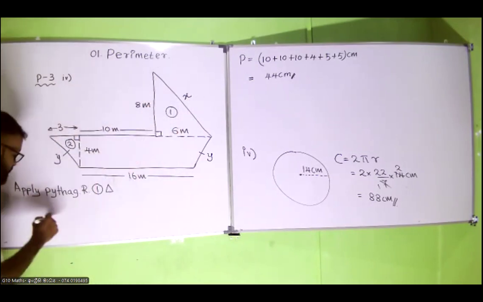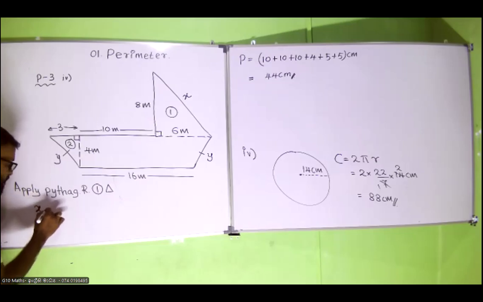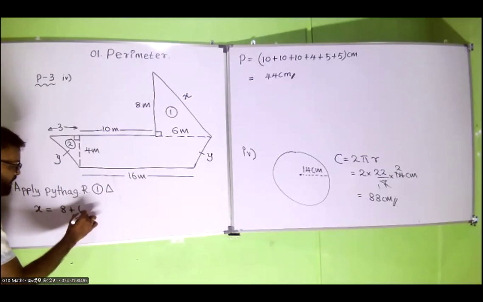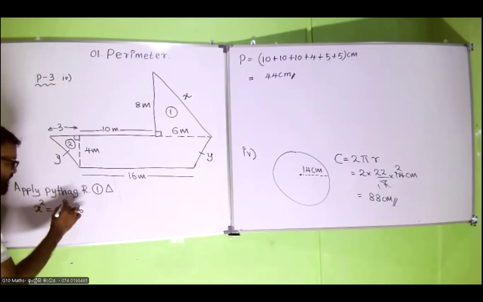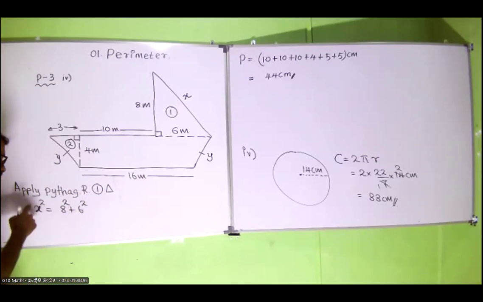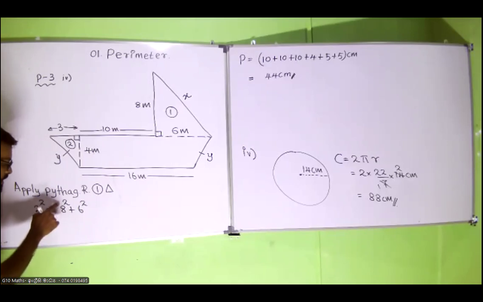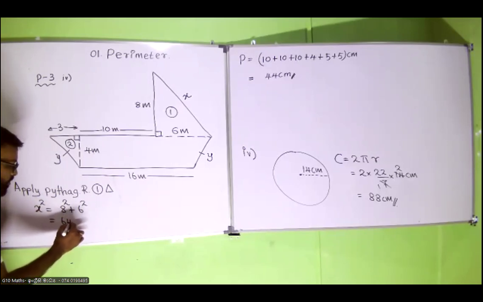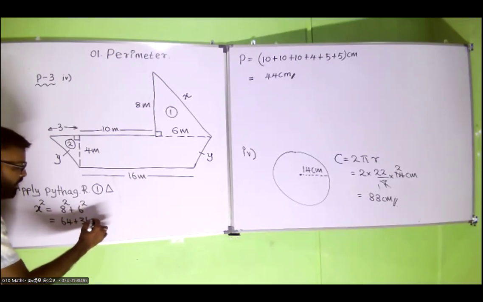X squared equals 8 squared plus 6 squared, so I have to take the square of each and every term. This is the Pythagorean relationship. So X to the power 2, keep it like that, then 8 squared is 64 plus 6 squared is 36, so you have 100.